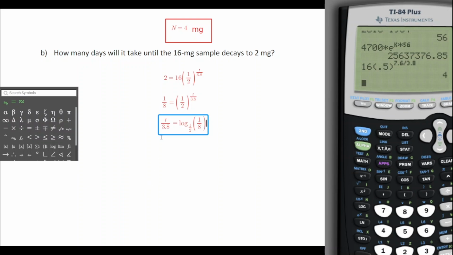Finally, I'm going to multiply both sides by 3.8. So I get t equals 3.8 times this logarithm, which I believe we can actually do mentally. But I'm just going to assume that this is going to be a calculator problem, and I'm going to type this in.